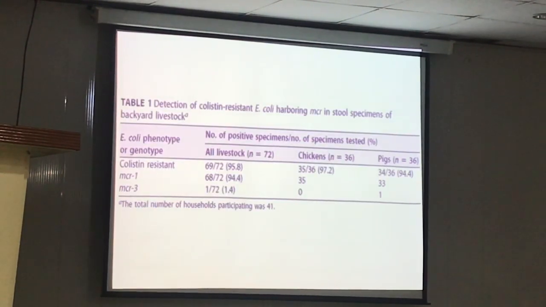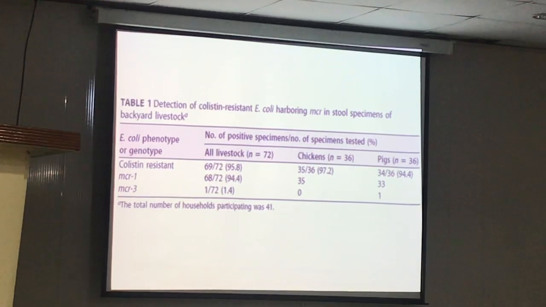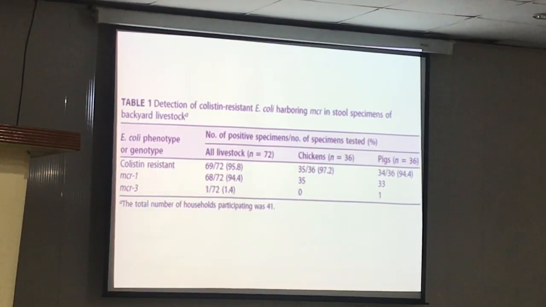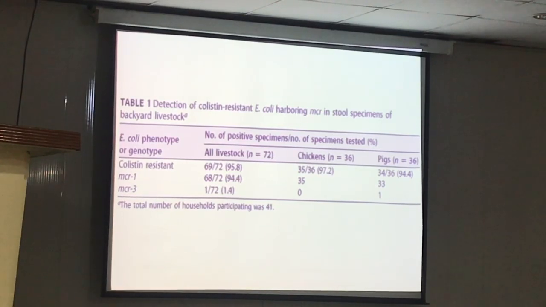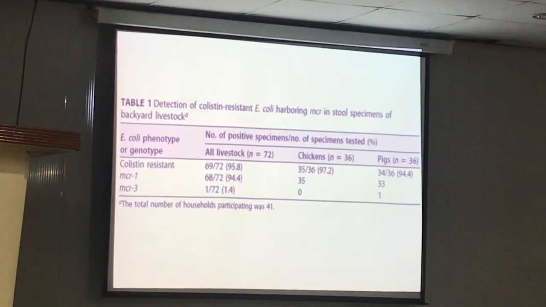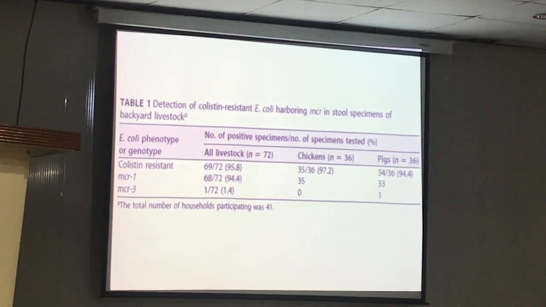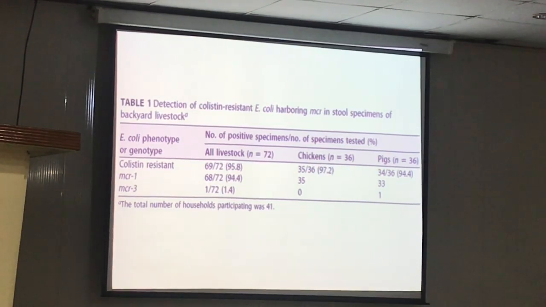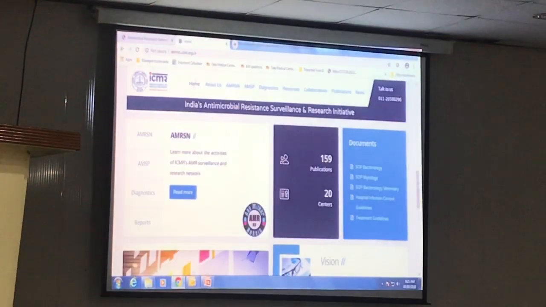And this is a table which shows the proportion of colistin resistance detected in the livestock population. You can see the proportion is pretty high. It is over 90% in all these cases. Although the sample size is low, there is a significant proportion of livestock showing colistin resistance and harboring the colistin-resistant MCR-1 gene, which is carried on a plasmid. Next slide please.